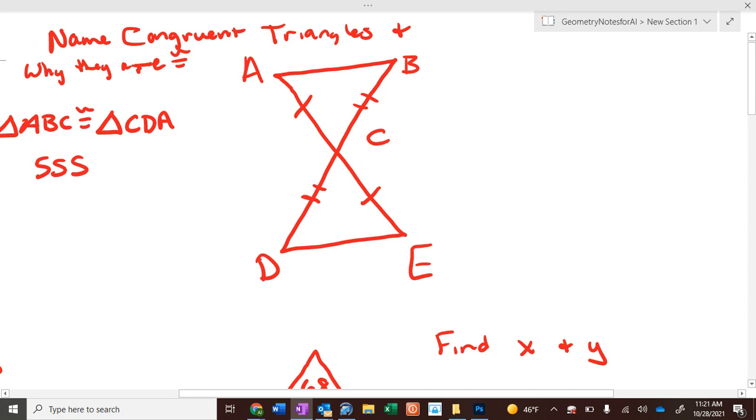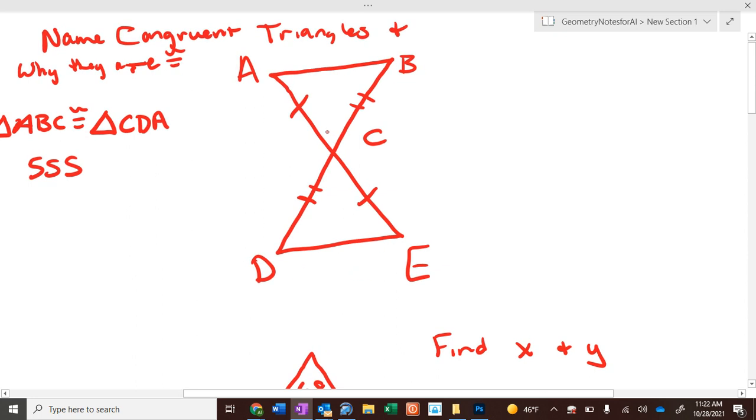The answer is yes, there is. What else can I mark in each triangle? It starts with a V. Vertical angles. You're close. Vertical angles. Now I have 3 parts of each.